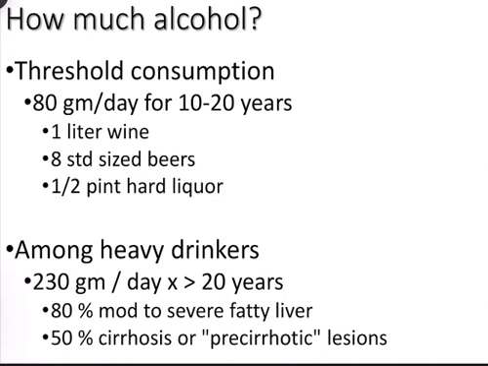So if you are at greater than 230 grams per day, you are considered a heavy drinker. Then you have an 80% chance of having a moderate to severe fatty liver and a 50% chance of having cirrhotic and pre-cirrhotic lesions within the liver.